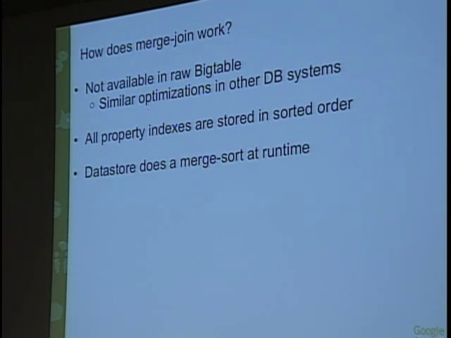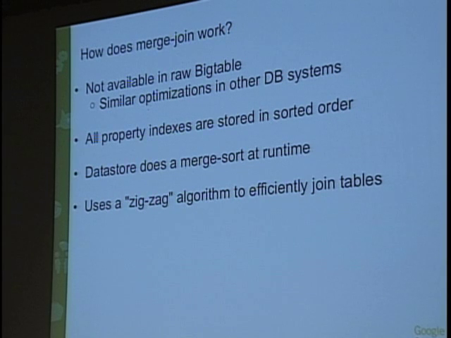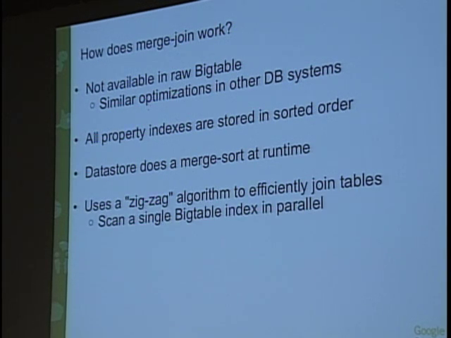And I'll go into this in the next slide, why that's very important. The data store does what's called a merge sort at runtime. It merges multiple results that are already sorted together, and we will walk through that. It's also called a zigzag algorithm, and you'll see why in a moment, but we zig and zag through the result sets from left to right.